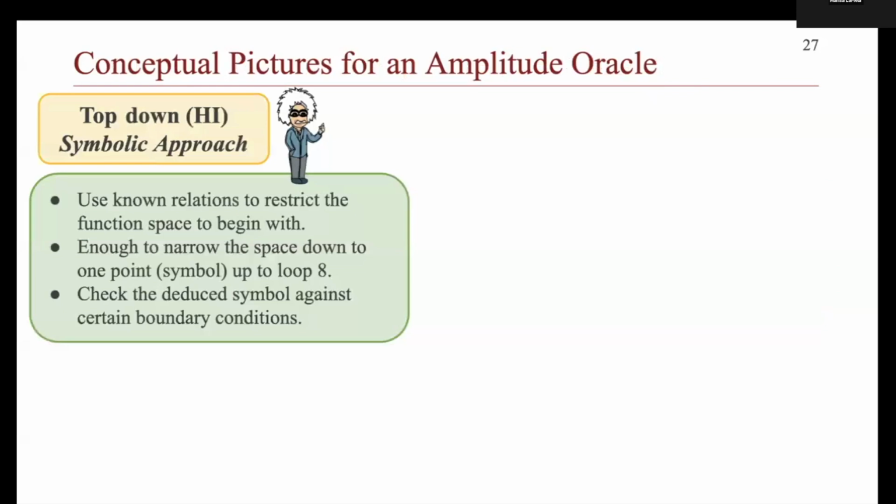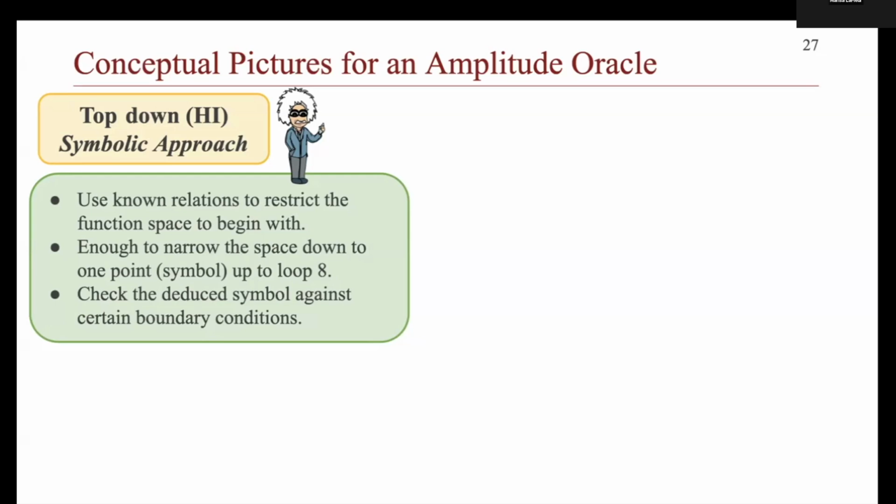So I want to give you a broader conceptual picture of how we want to approach this problem. On the one hand, we have this human-based intelligence approach, which is a more top-down and analytic approach. For this approach, we use known relations to restrict the function space as much as possible.